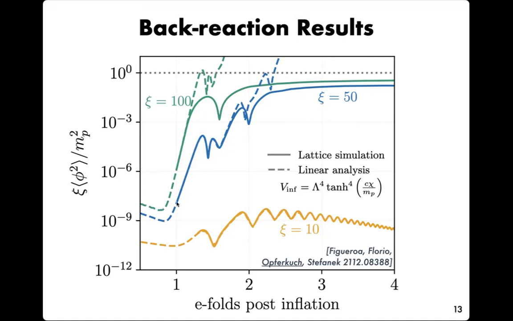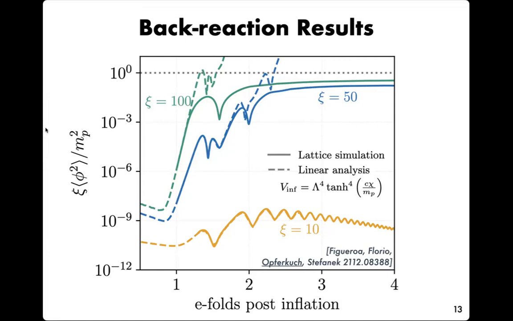It just keeps growing and growing, which is of course completely unphysical. However, when you solve the full system of differential equations together, you see growth, but you clearly see some sort of asymptotic behavior where the field excursion through this tachyonic growth doesn't exceed m Planck.